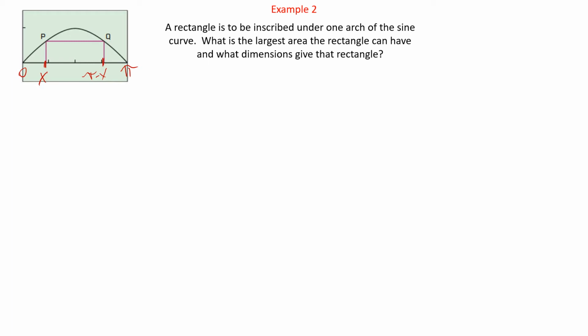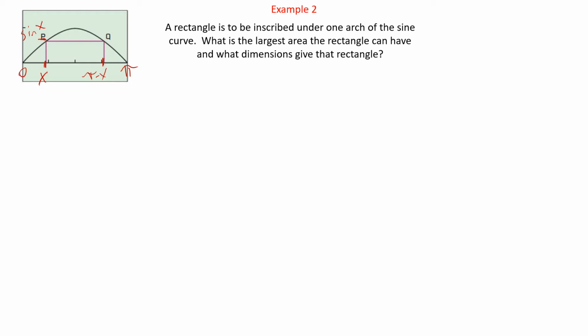If we go in a certain value from one side, we go in a certain value from the other side. Then the y value can be sine of x, and that's going to be the same for both of them because it's a rectangle. It's going to have that horizontal top. So we want a rectangle inscribed under one arch of the sine curve. What is the largest area the rectangle can have?